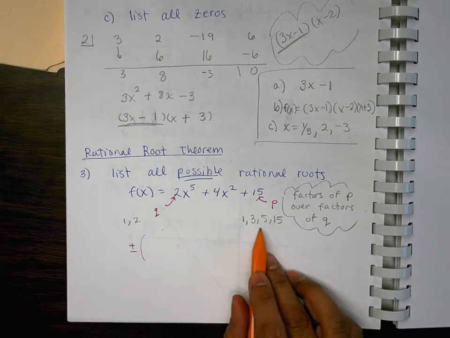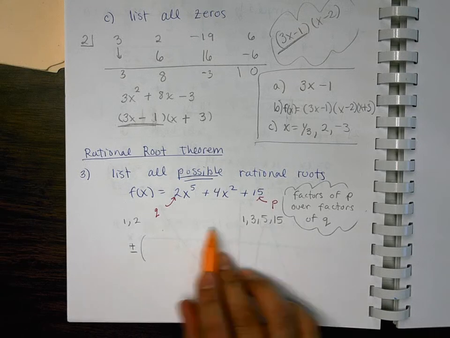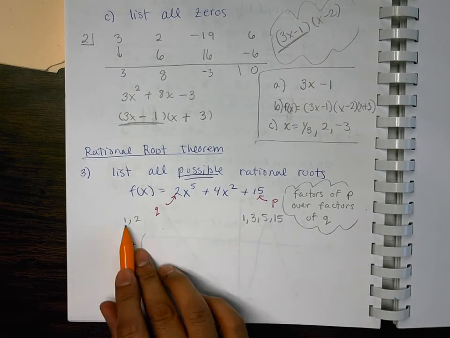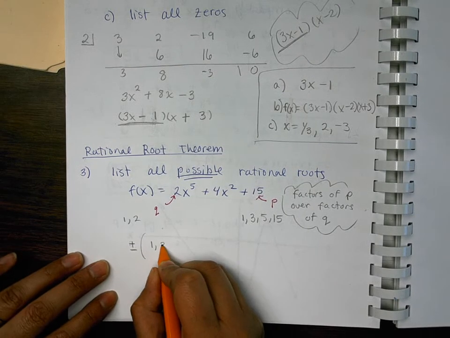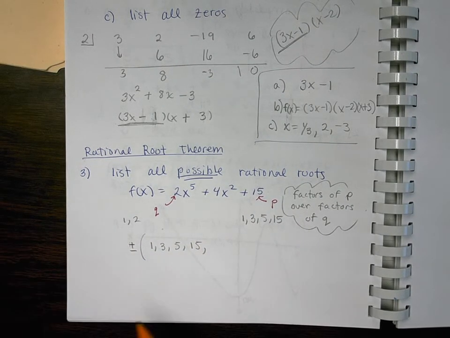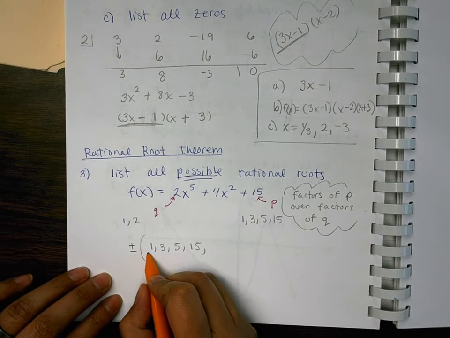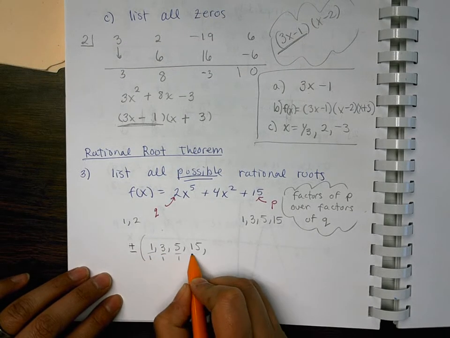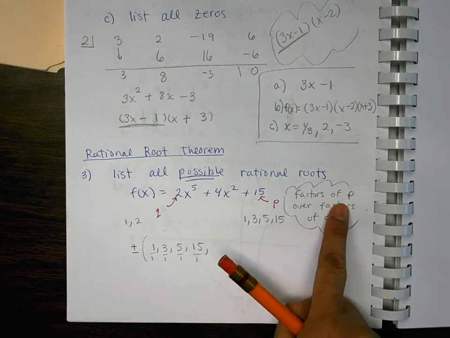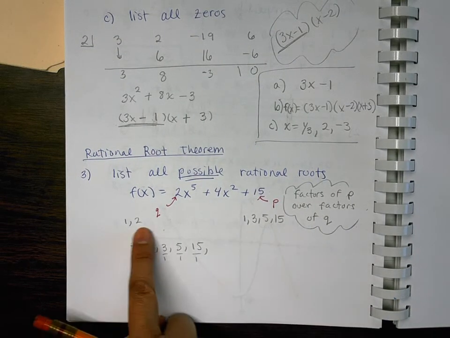Now, 1 over 1, 3 over 1, 5 over 1, 15 over 1 is just 1, 3, 5, and 15. Do you agree? How did I get that? If it helps you, you can go ahead and put them over 1 so you know where they're coming from, but eventually we will not write the over 1. I took all of these because I'm taking the factors of P and dividing them by all the factors of Q.